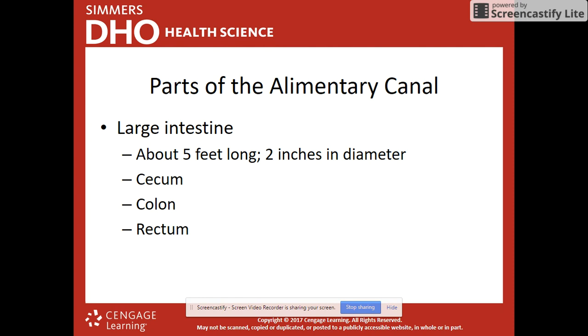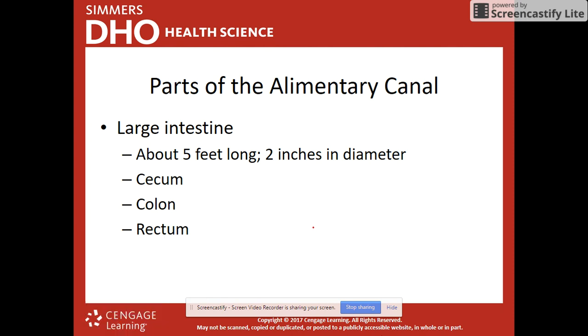Okay, so the next section is the colon, and the colon is divided into three more sections. So we have the ascending colon, the transverse colon, and the descending colon, and it's going to look exactly the way it sounds.